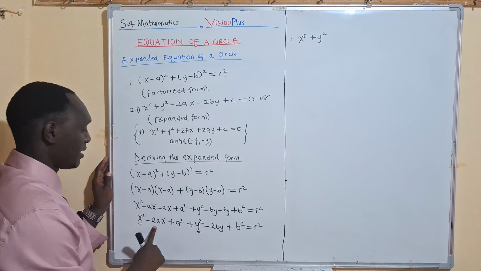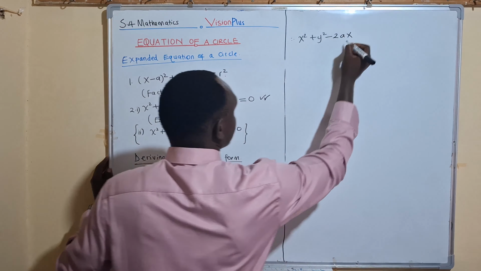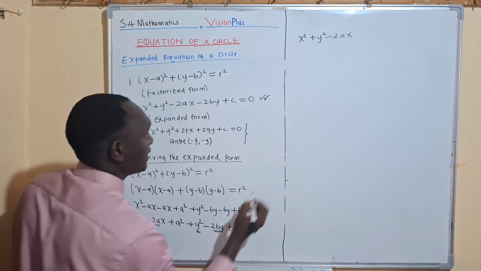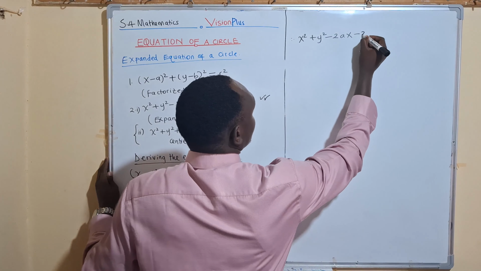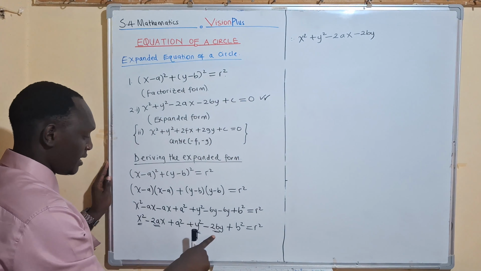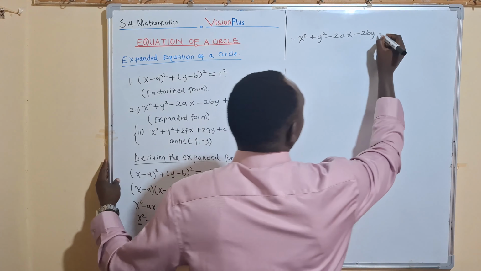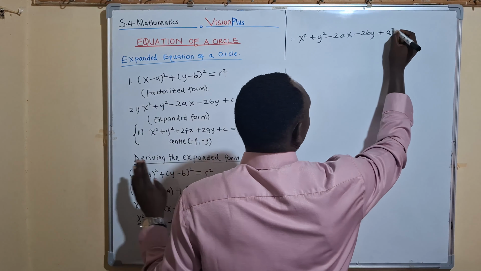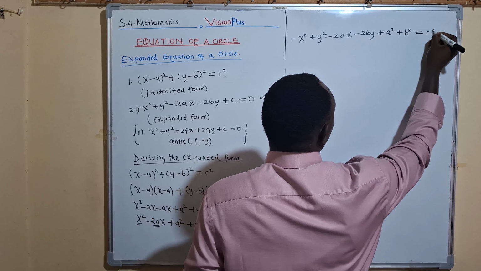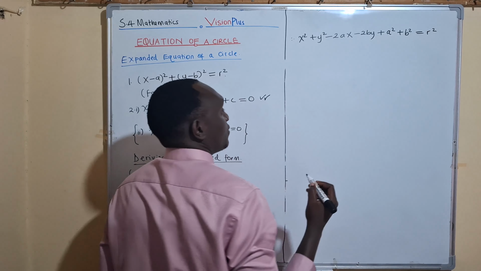Now let me use -2ax. I've used this value. And then also -2by. I've used that value. Now I'm left with a² + b², which are constants.